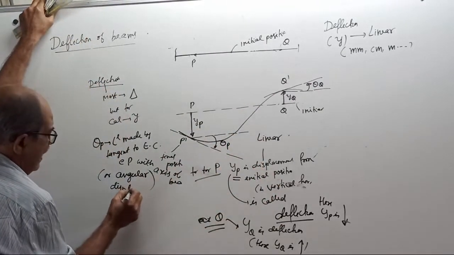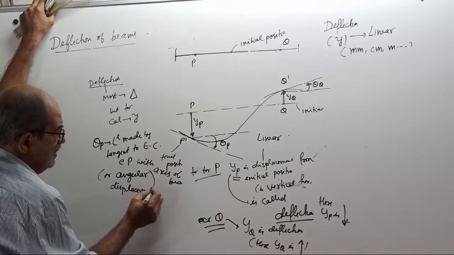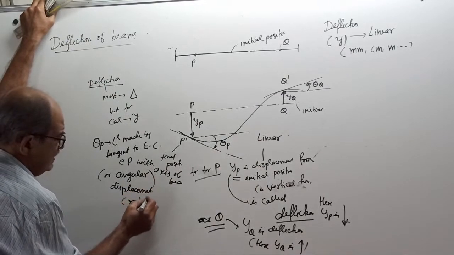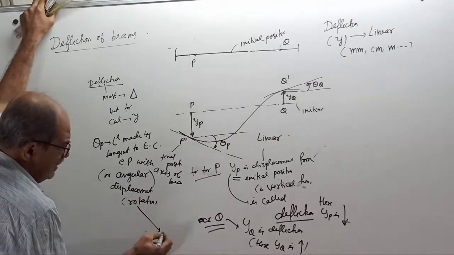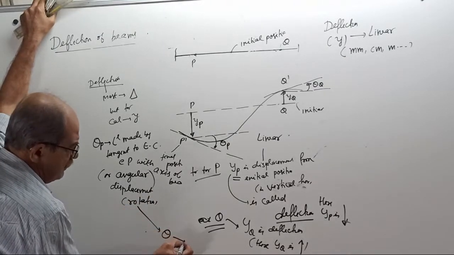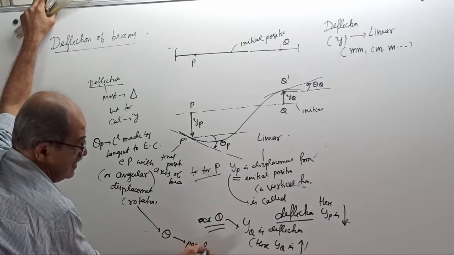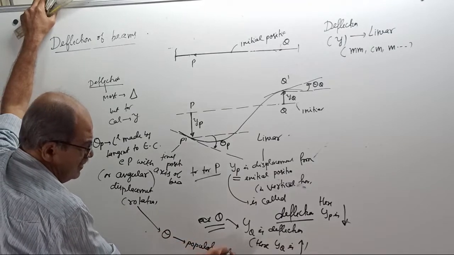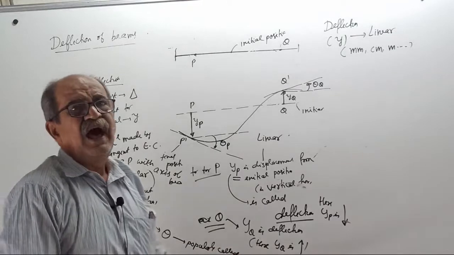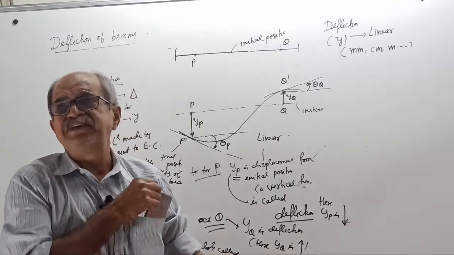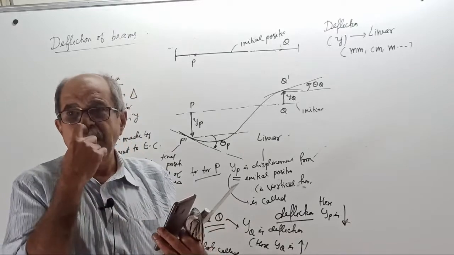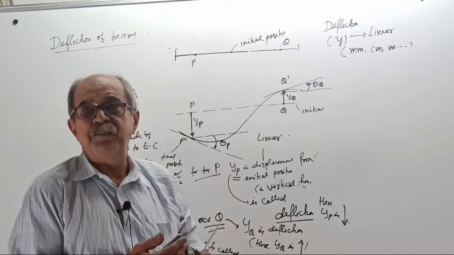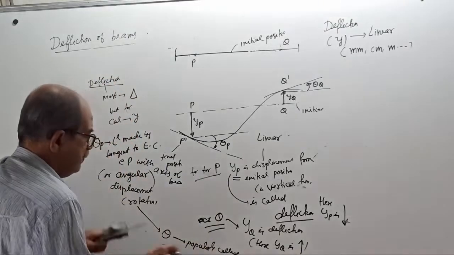This is called angular displacement or rotation. What is this theta popularly called? Nobody calls it angular displacement or rotation. Popularly it is called slope.